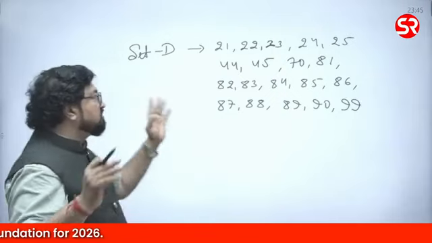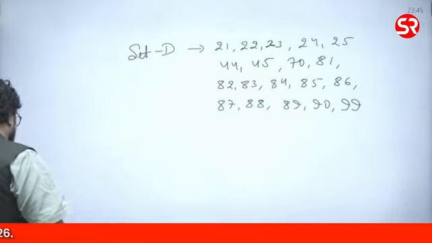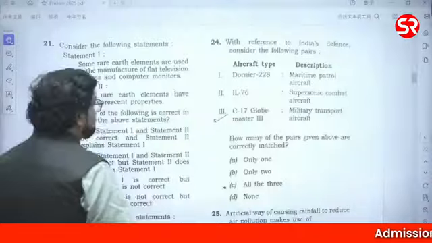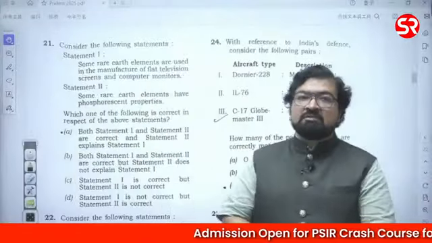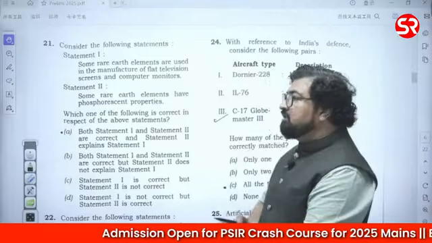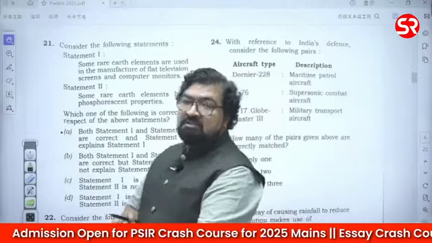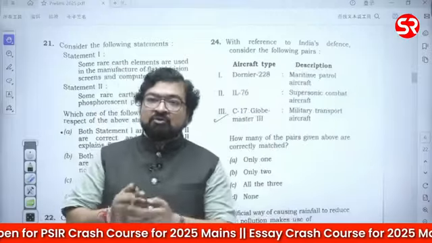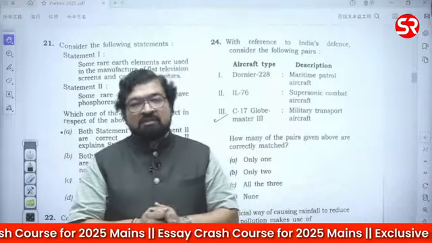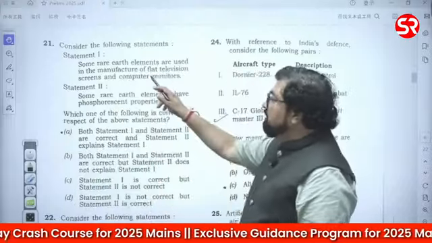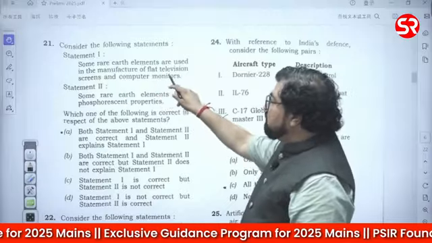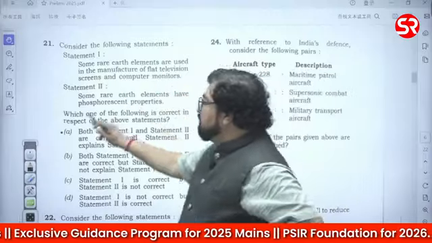So let us start with the first question, that is question number 21. Rare earth elements or rare earth metals. Based on that question, and you know that rare earth elements find use in electronic appliances and equipments. So let's look at the question here. Some rare earth elements are used in the manufacture of flat television screens and computer monitors.